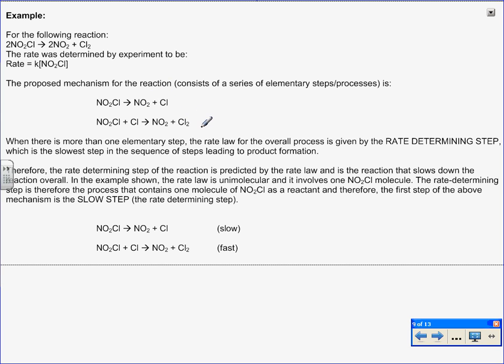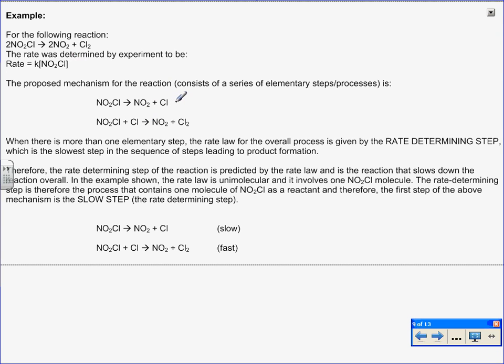So this is the proposed mechanism. From this information, we now can look back at our rate law and decide which of these steps is our rate determining step or our slow step. It's the one that's basically controlling the overall speed of the reaction. Because the rate law involves one molecule of NO2Cl, we know that this first step is likely the slow step in the reaction.